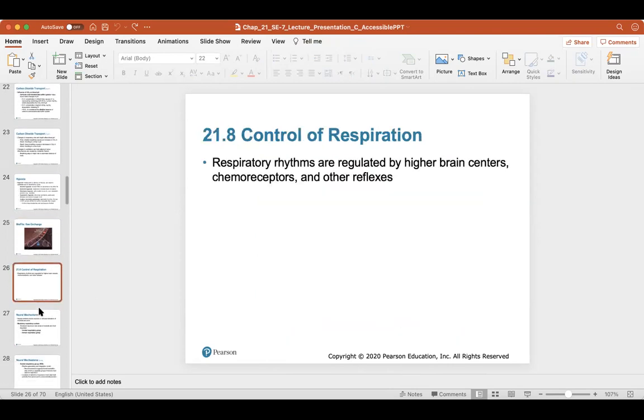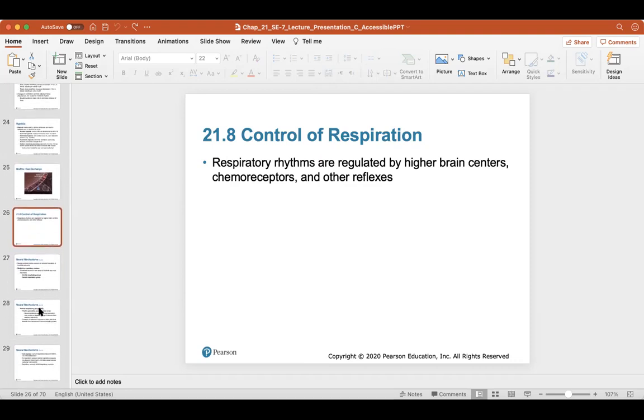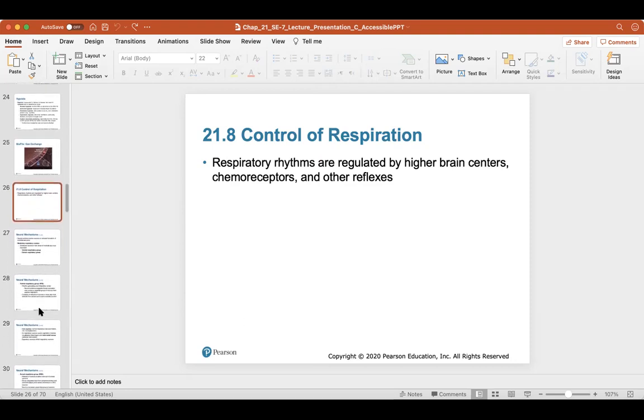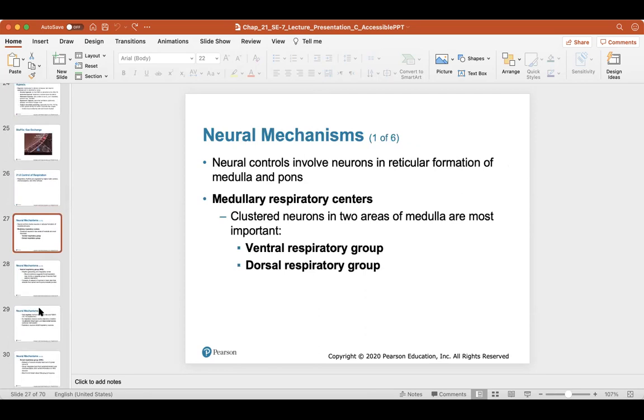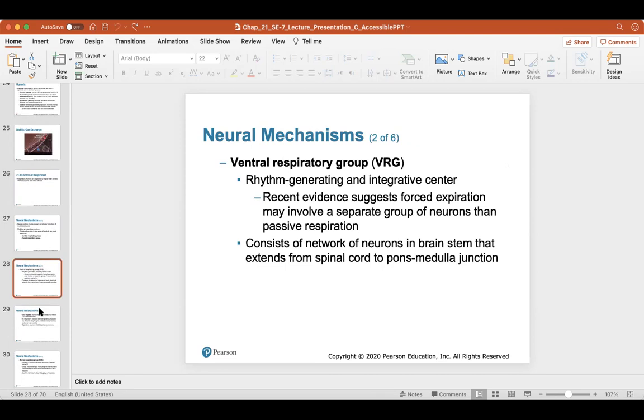Control of respiration. Your respiratory rhythms are regulated by your higher brain centers, chemoreceptors, and other reflexes. You have different medullary receptors in the brain, the ventral and dorsal respiratory groups. I won't ask you guys too many questions on the neural mechanisms, but I do want you to understand what the breathing does and how it either increases or decreases these acid-base imbalances.